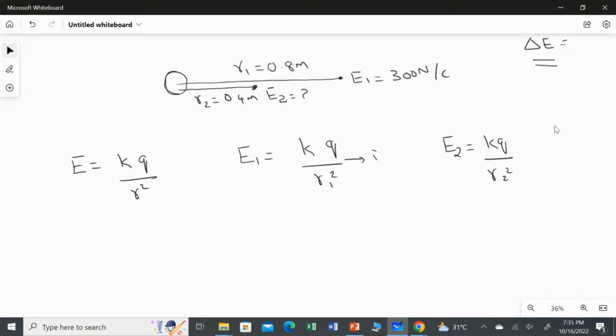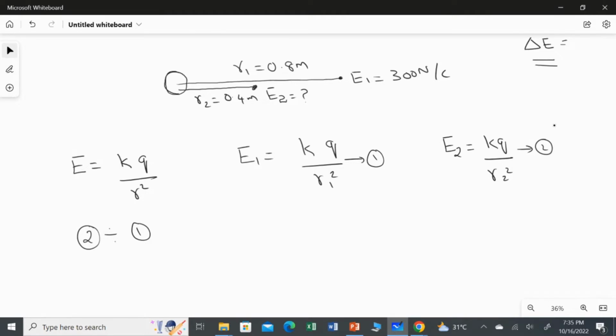Let's take this as our first equation and this as our second equation. Now we have to identify the value of E2. So what I'm going to do is divide equation 2 by equation 1.